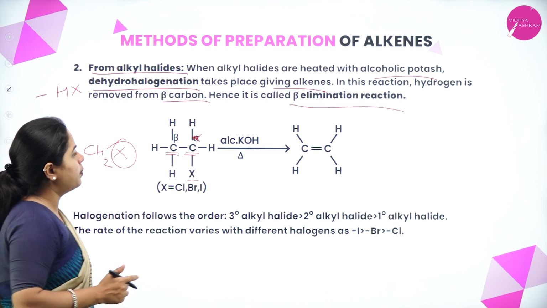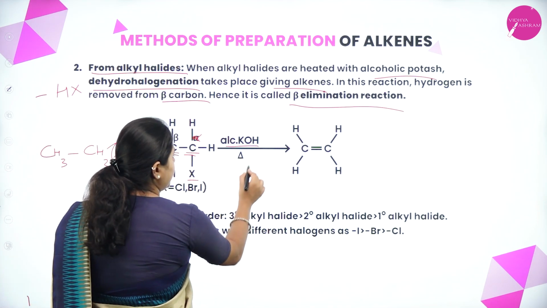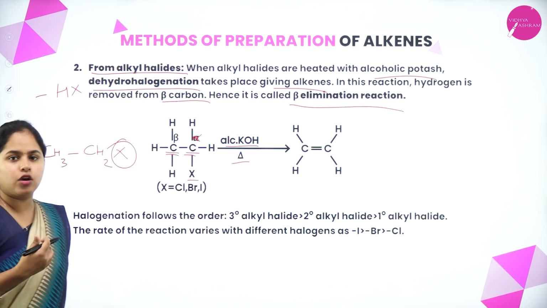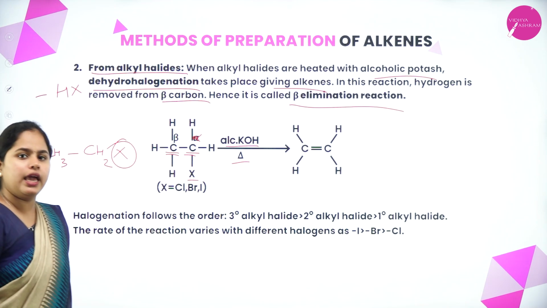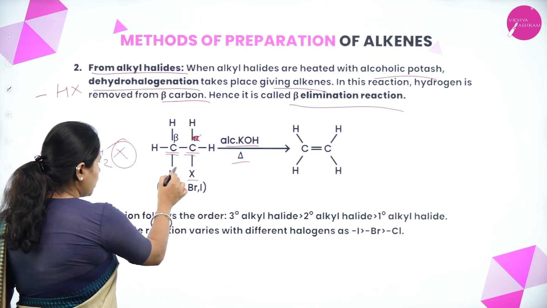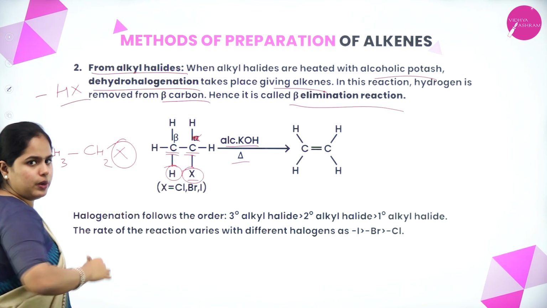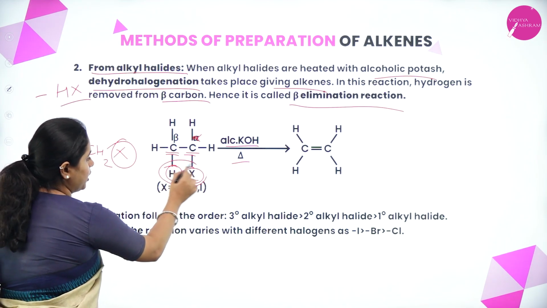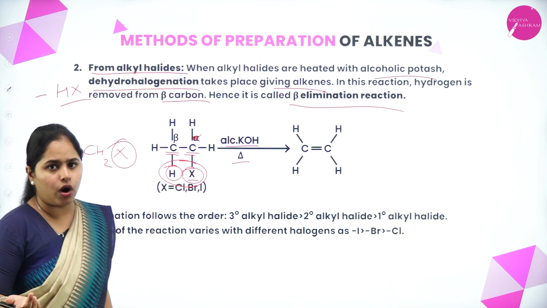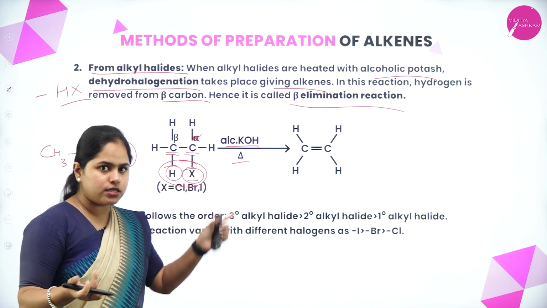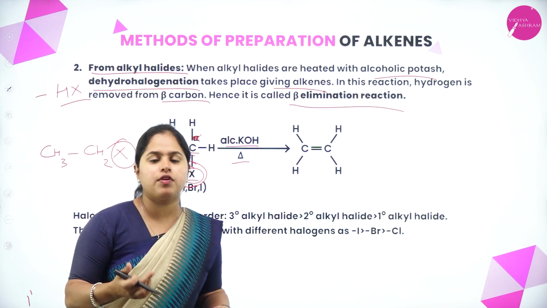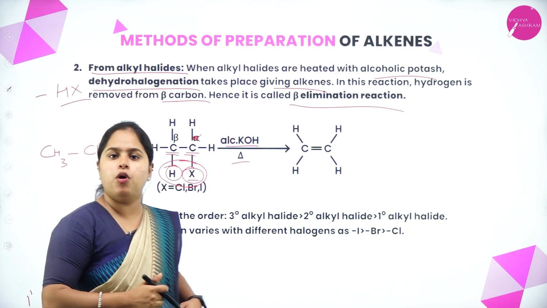So what happens when it reacts with alcoholic KOH and we are heating it? Alcoholic potash means alcoholic KOH. What happens? This one hydrogen and one halogen, that is what I told you, HX will be removed, right? So this part will be removed. So when something is removed, what happens? Yes, the valency should be maintained. It will become a double bonded system, right?